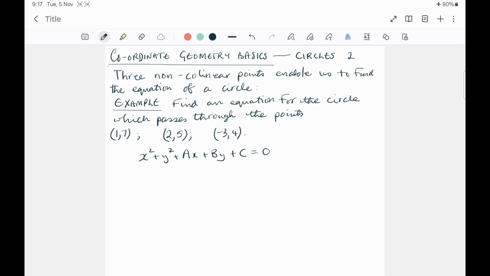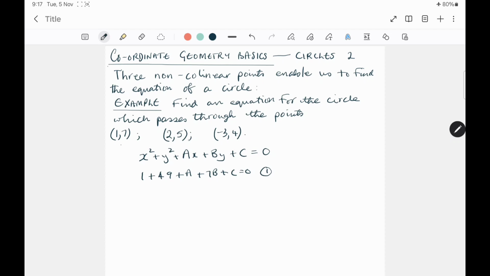And then substitute in the coordinates. First we'll do this one here, (1, 7). So that will give us 1 plus 49 plus a plus 7b plus c equals 0. We call that equation number 1.